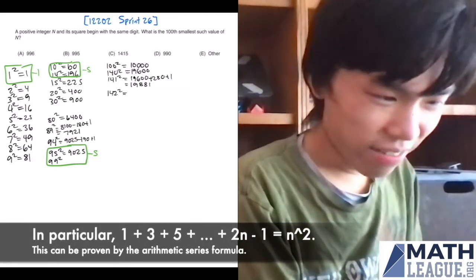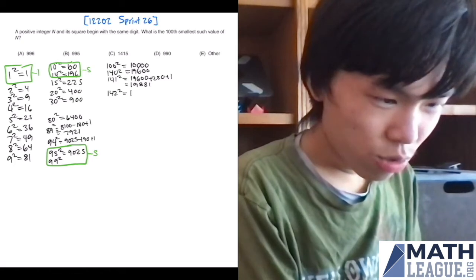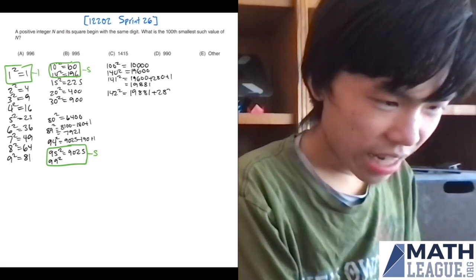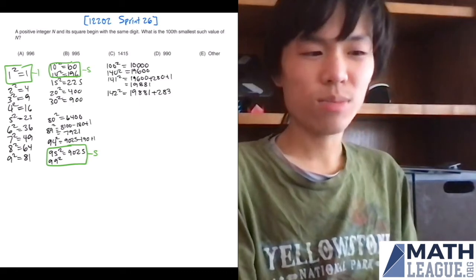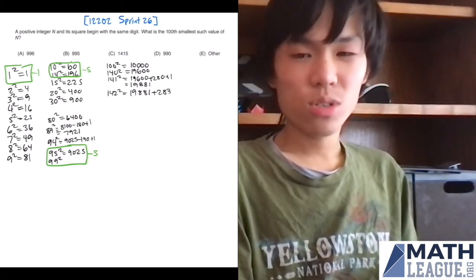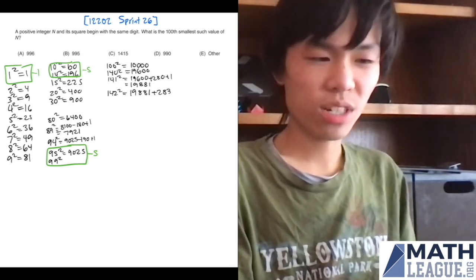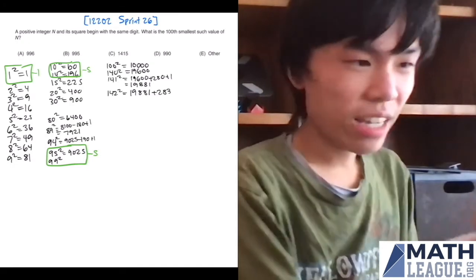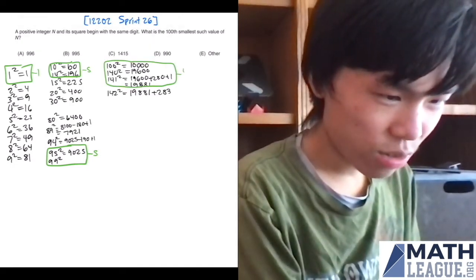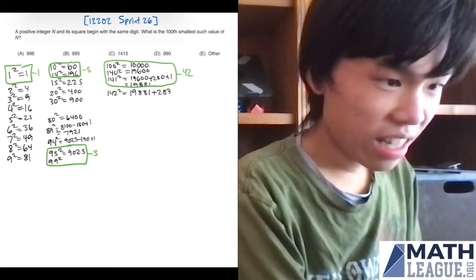So if I add 283 to 19,881, I can see that this is going to be more than 20,000. The first digit is going to be a 2. That does not work. So I can round up an additional 42 working values of n.